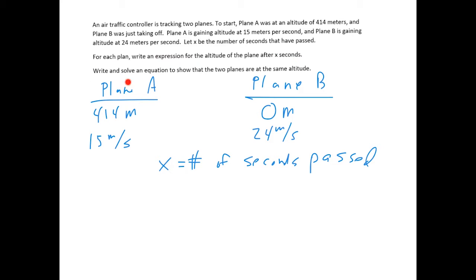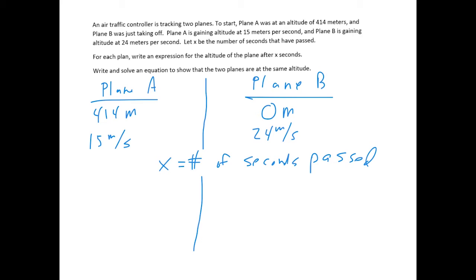Then we're going to write and solve an equation to figure out when the planes have the same altitude. So let me go ahead and separate this. Plane A starts out at 414 meters, climbing at a rate of 15 meters per second, and x is the number of seconds passed. For plane B, it starts out at 0 meters, climbing at 24 meters per second, and x is the number of seconds passed.